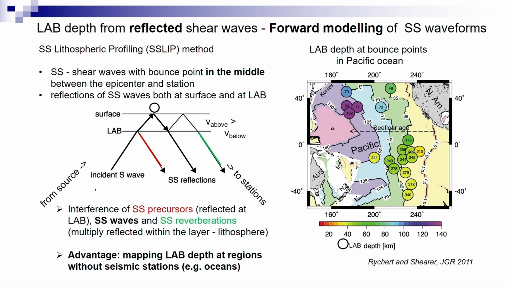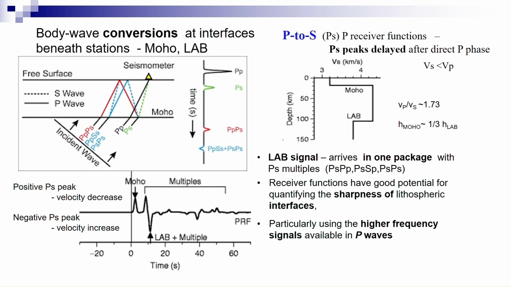Modeling discontinuities beneath a single station or array of stations utilizes conversion of body waves at the discontinuities beneath the receivers. In the case of P to S conversions at the LAB, the LAB signal arrives in one package with PS multiples due to the VP, VS and MOHO-LAB depth ratios.